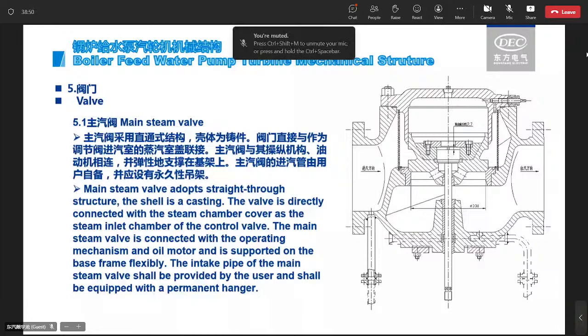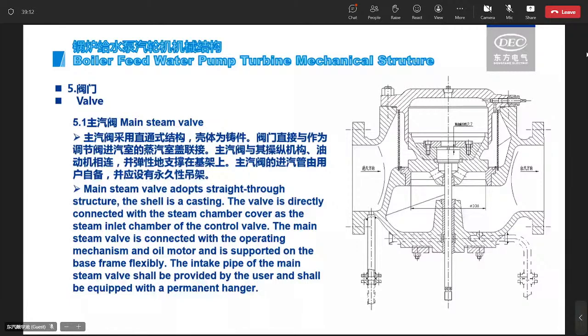The main stop valve adopts the straight-through structure. The shell is casted. The valve is directly connected with the steam chamber cover as the steam inlet chamber of the control valve.